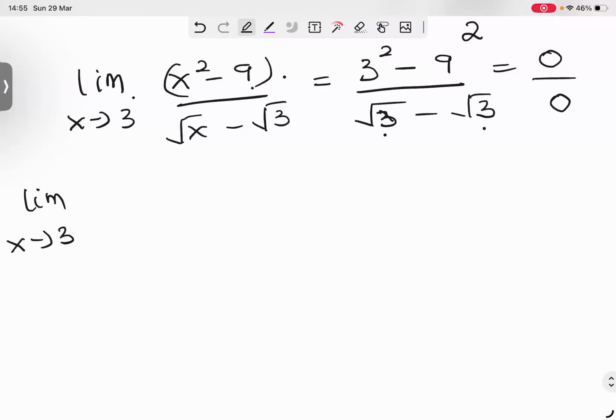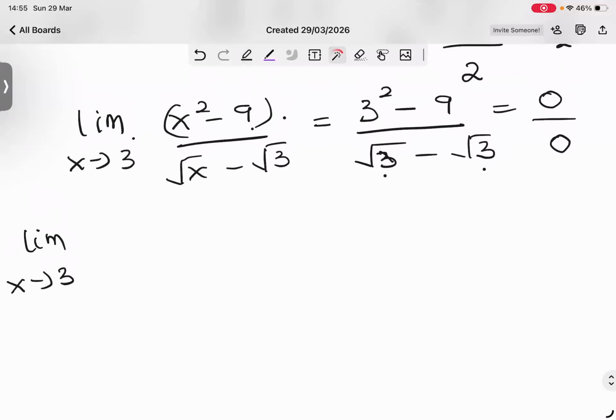We use factorization on the numerator because in the numerator I have a square, which means a higher power than 1. I can break it down into linear forms. However, in the denominator, I have a surd. Therefore, to simplify that, I need to perform rationalization. If the numerator had been just this, I would still perform rationalization because I have a surd.